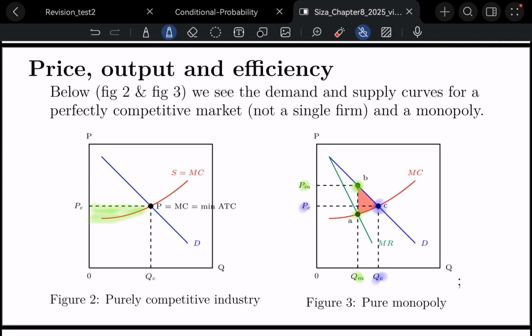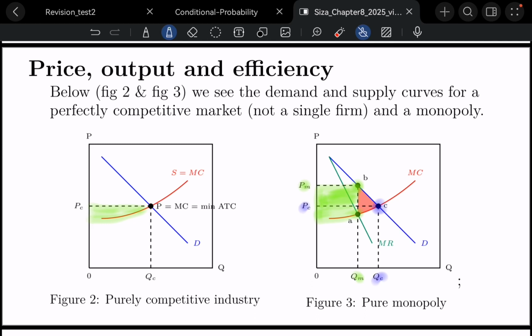Now, if we look at the monopoly, because the monopoly is producing at point B, the producer surplus has grown to this green area. So there's a bigger producer surplus. Producers are happier, obviously, or the monopoly, right? Since it's only one producer, they're happier.